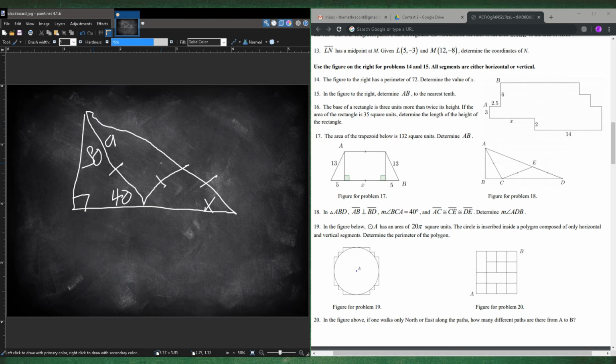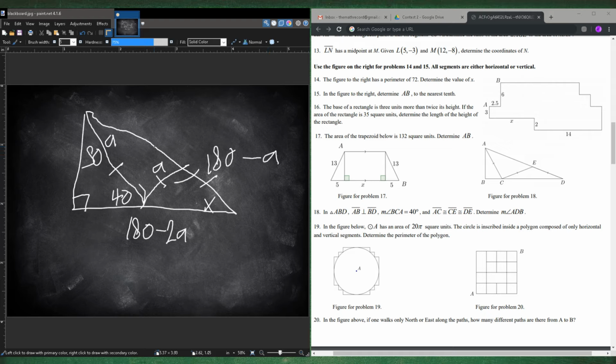So this angle is equal to this angle, and this angle has to be 180 minus 2A. And this angle, since it's on a line, is just 180 minus A.